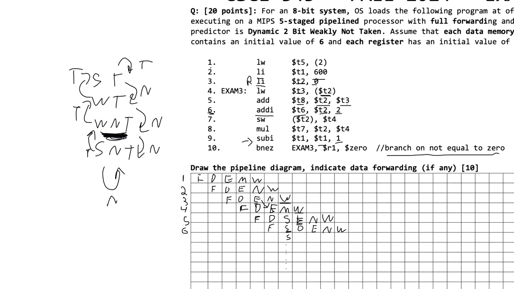All right, now we're in instruction 7. This is going to store word T4 into the memory address held by T2. So we know that T4 has not been used here, and T2 is done much earlier on, so we don't have to worry about data dependencies there.